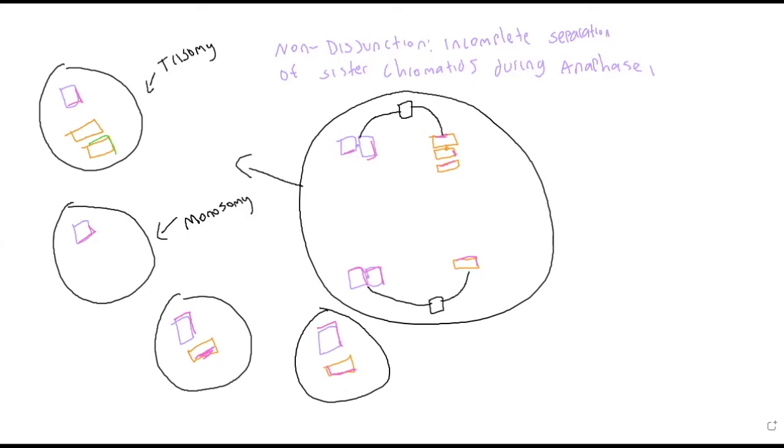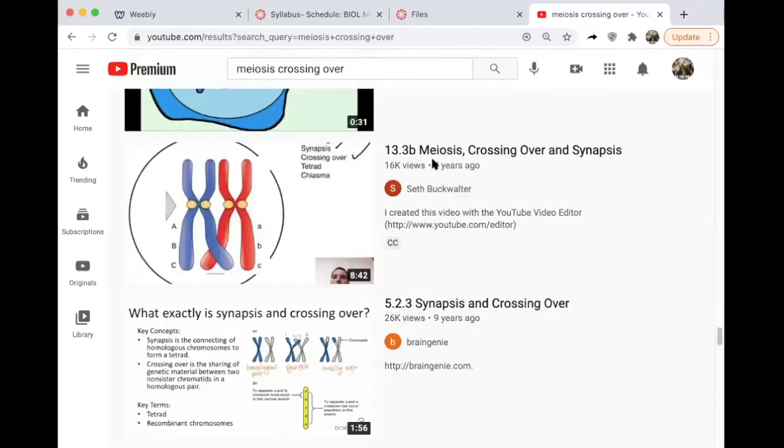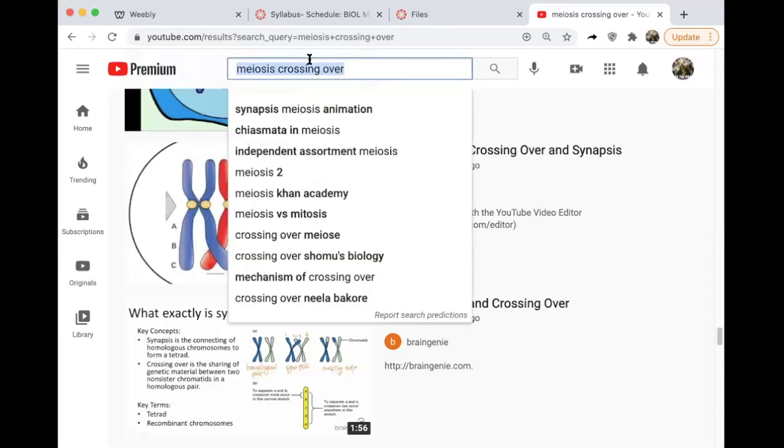And to show you some examples of a trisomy and monosomy in a karyotype, this is what it would look like if one of those disordered haploid cells fertilizes a normal cell.